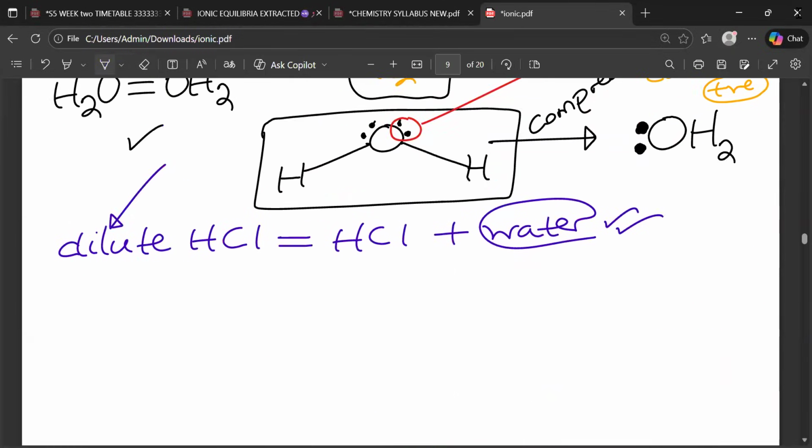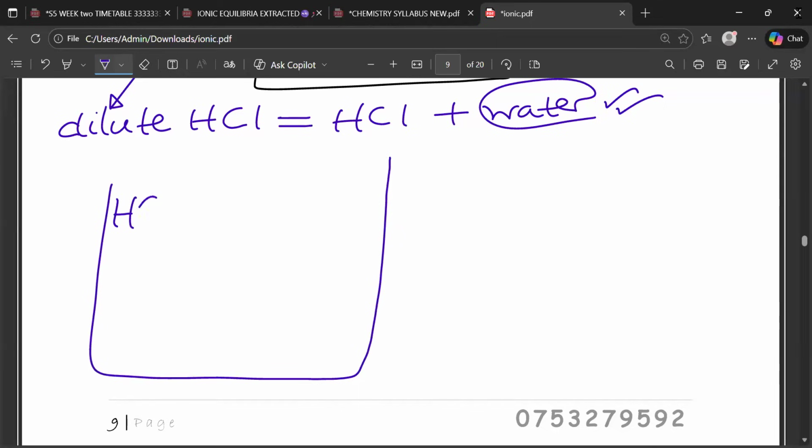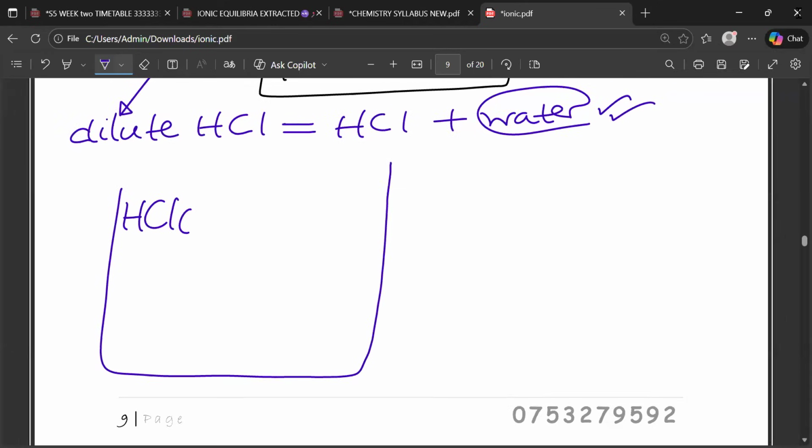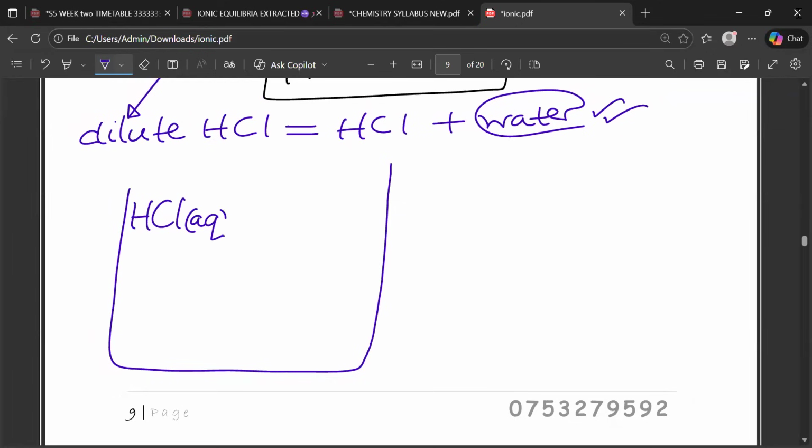Now, my question is one. If at all we have the HCl here, are you listening? This HCl is aqueous. You all know it's aqueous. And it's giving us H plus, aqueous, plus Cl minus, aqueous, like that.